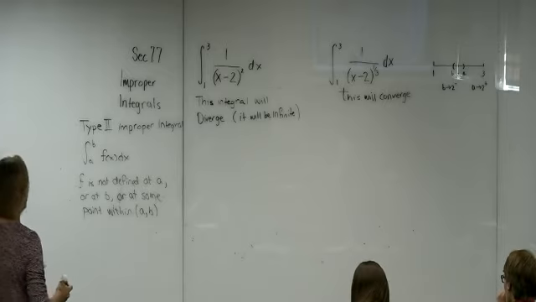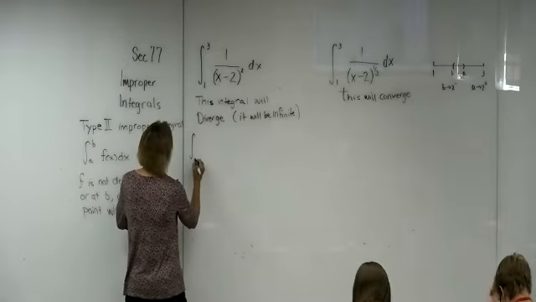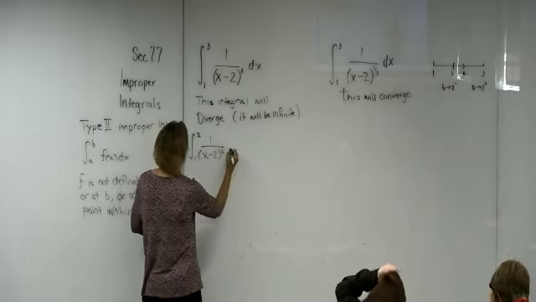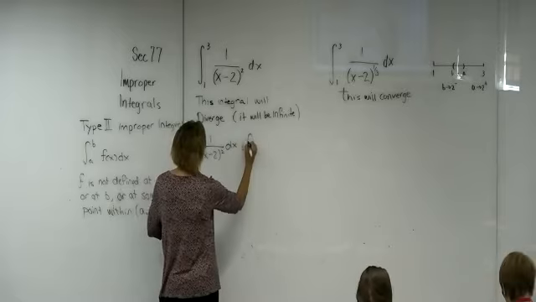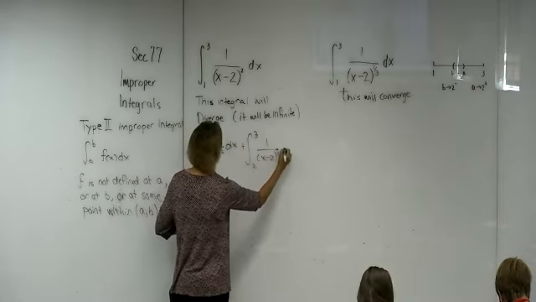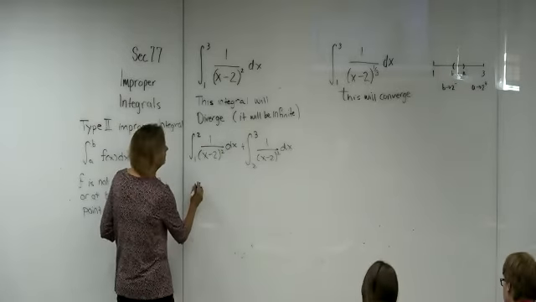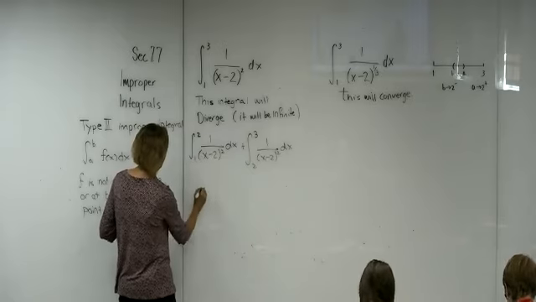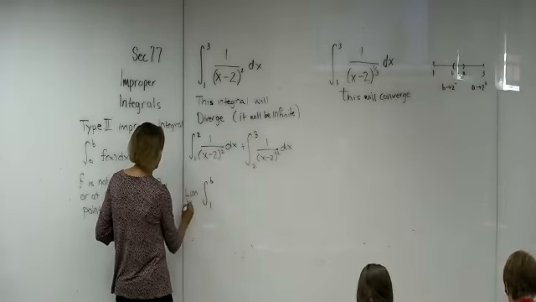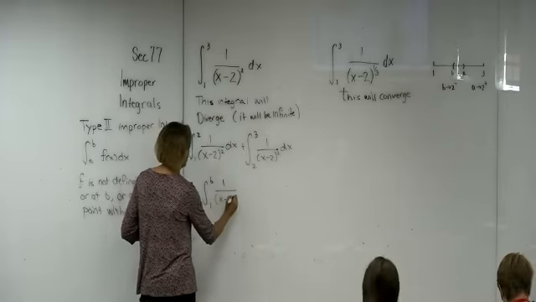So we first start by rewriting each integral. I'm going to write this as the integral from 1 to 2 added to the integral from 2 to 3. And then I'm going to put those A's and B's here. B is going to 2 from the left, so I'm going to put the B up there and take the limit of this as B goes to 2 from the left.